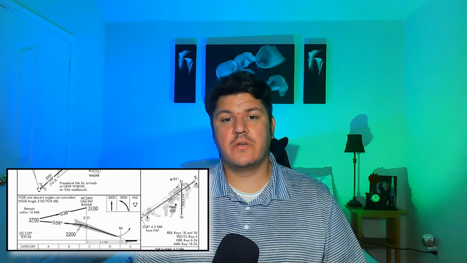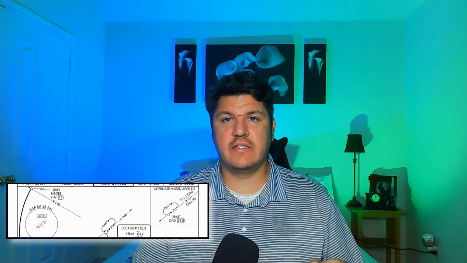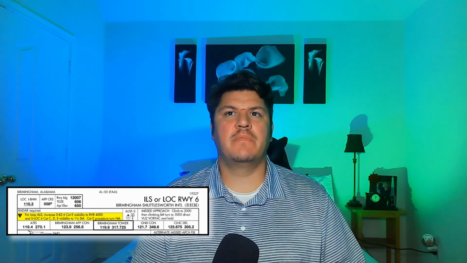Okay, now of course, let's not forget to reference the top of the page that we did in last week's video at the very top. It again says that for an inoperative airport lighting system, the standard ILS 6 category E visibility RVR is 4,000. So if you're a category E aircraft, you need to bump that 1,800 up to 4,000 feet RVR if the airport lighting system is currently inoperative.